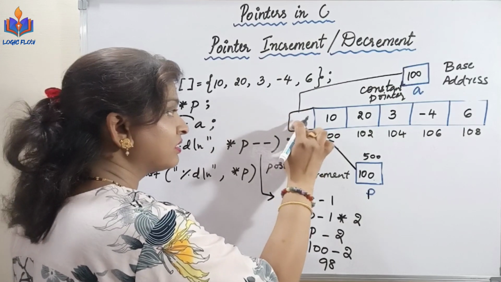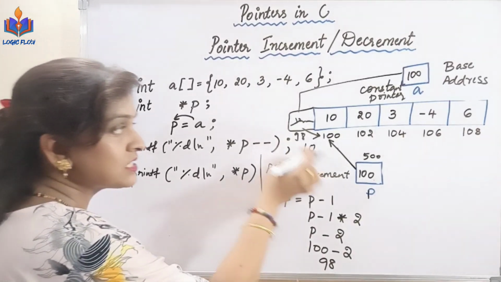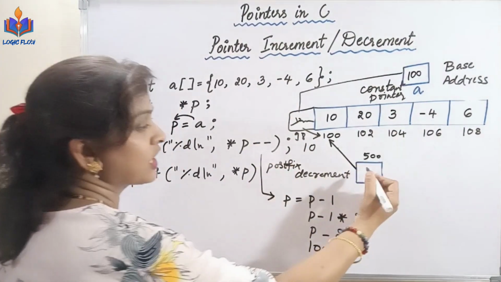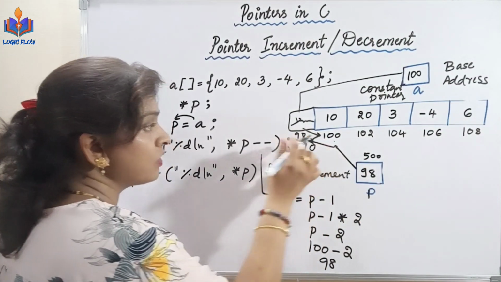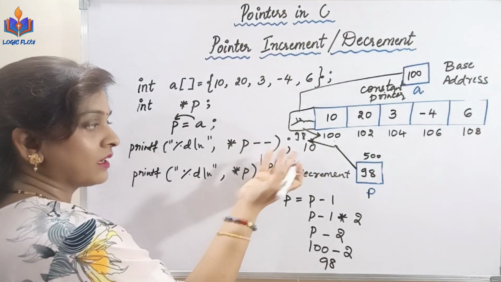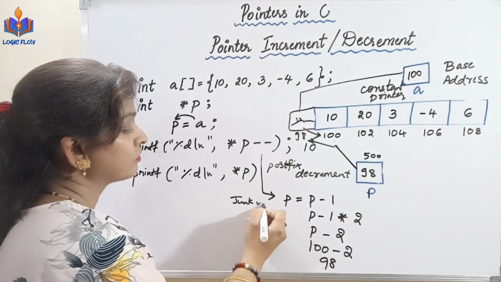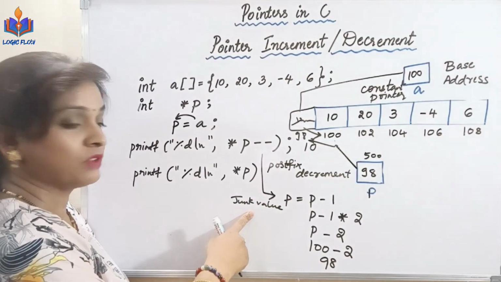You find nothing. You may find some junk value. And if you say asterisk P, P is pointing to 98 now. What do you find there? Nothing. So you may get some junk value. Okay, fine.